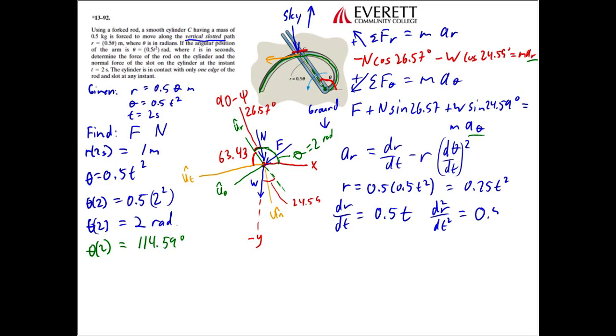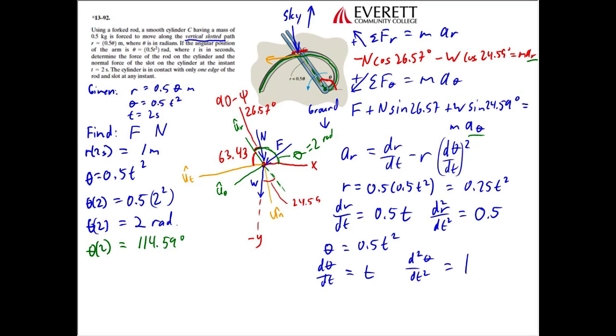Okay, and let's do our thetas as well. So we know that theta is equal to 0.5 t squared. D theta dt is going to be equal to t, and the second derivative of theta with respect to time is just going to be equal to 1.